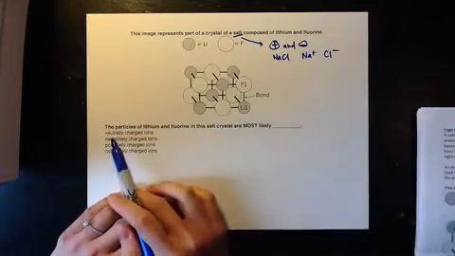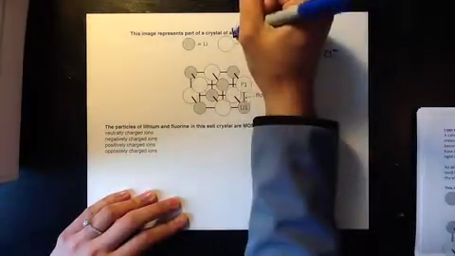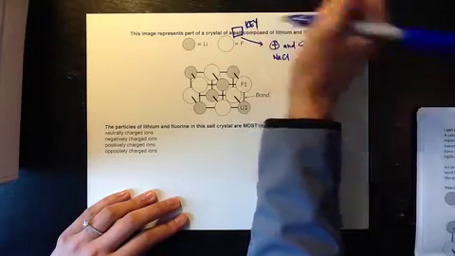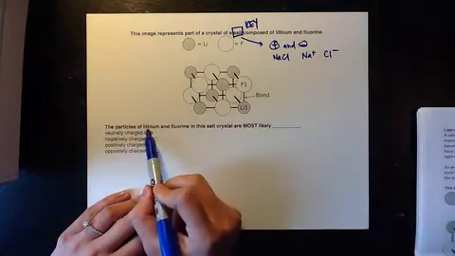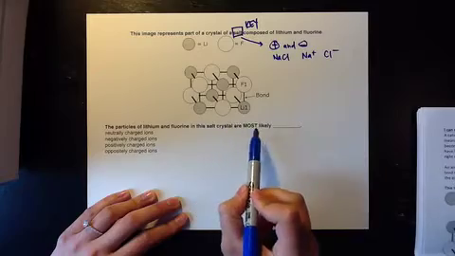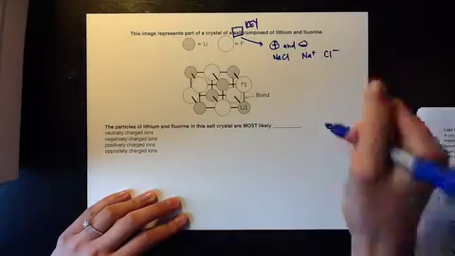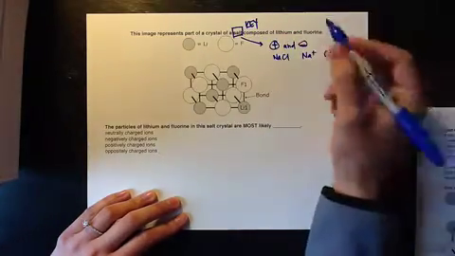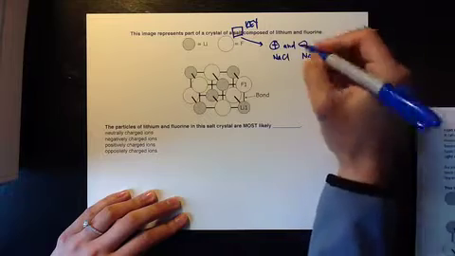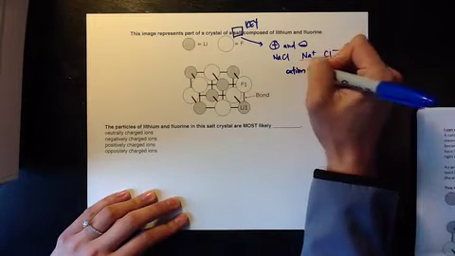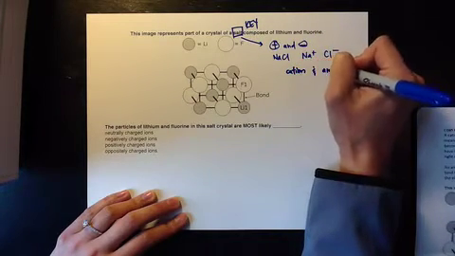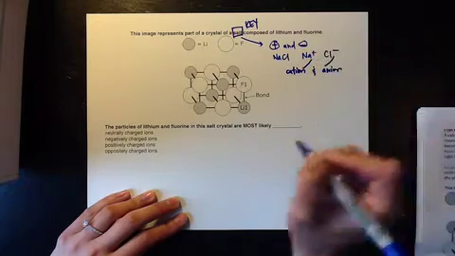Okay, so given this piece of information, this was key. Particles of lithium and fluorine in this salt crystal are most likely, well, if we know that it's a salt, we know that there's a positive and negative charge, a cation and an anion.